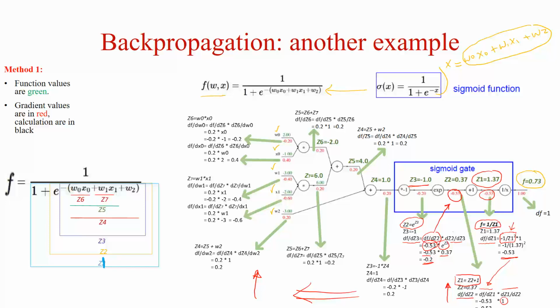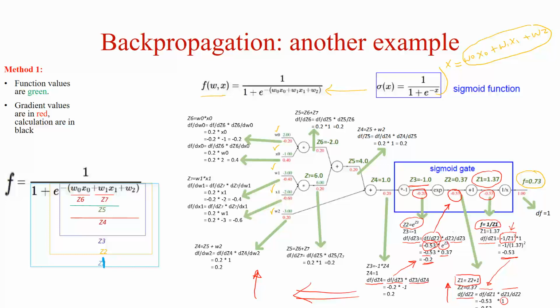So I record the minus 0.2 right here. This is the value of delta f over delta z3. Now I need to backpropagate to compute delta f with respect to z4. That is equal to delta f over delta z3, which I already computed, multiplied by delta z3 over delta z4.